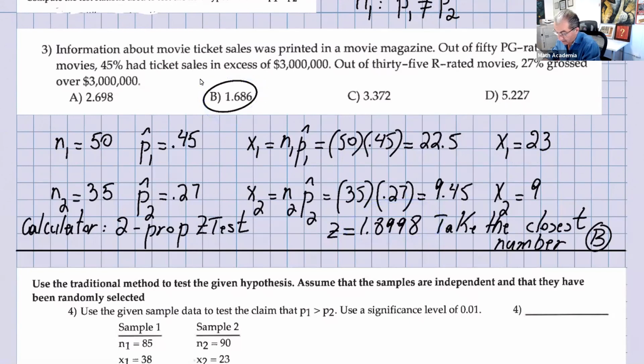Always take the closest answer, or you can do the hand calculation, get the same thing. But then if you do that with your calculator, the test statistics is that, and for this problem it's always take the closest one, and the reason why it's different is because of the decimal point. So B is the answer for this question.